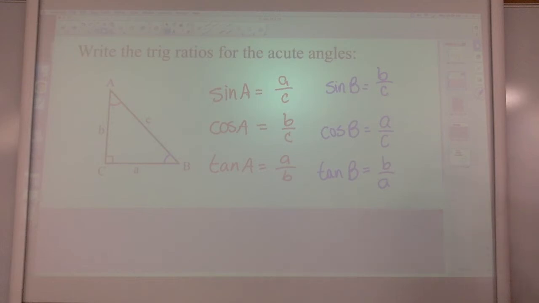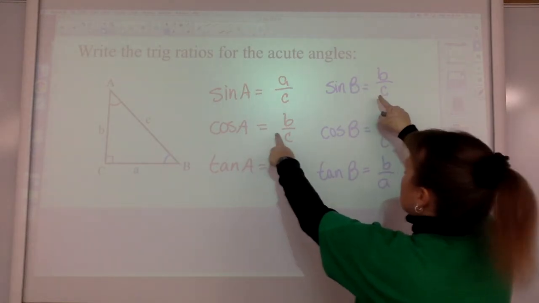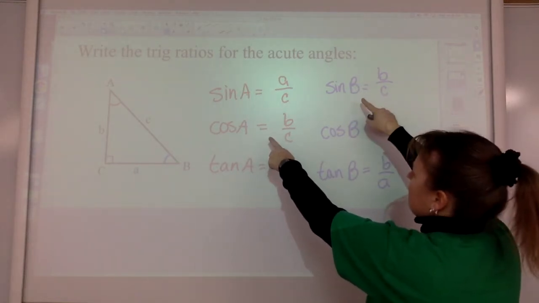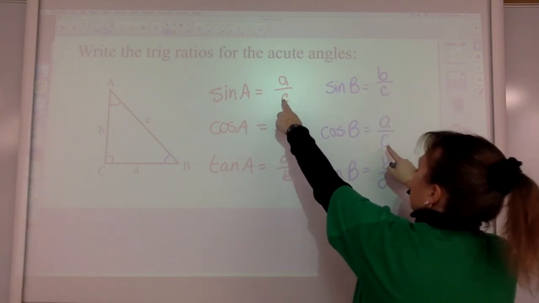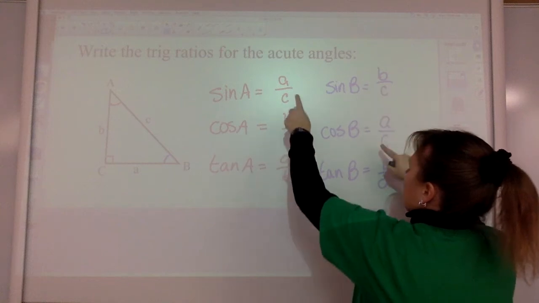Take a look at those six fractions and see if you see a pattern or anything that you can point out. Pause it if you need to. You might have recognized that the cosine of A and the sine of B are exactly the same, b over c. But if you flip-flop it, sine of A and cosine of B are the same. Well, it makes sense.